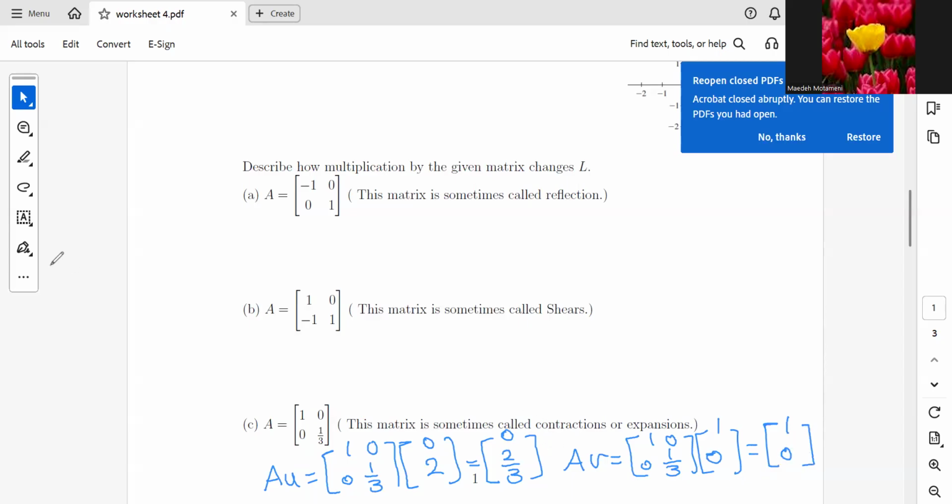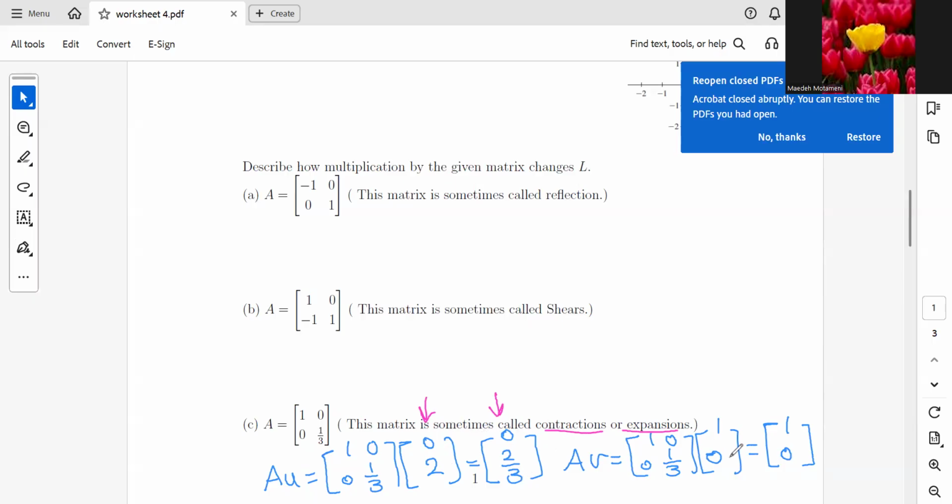So this one, we expect to have contraction or expansion. Comparing these two, we would see that the x component doesn't change, but the y component will be divided by 3.